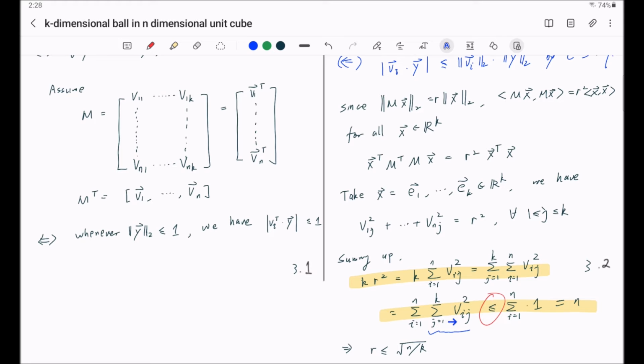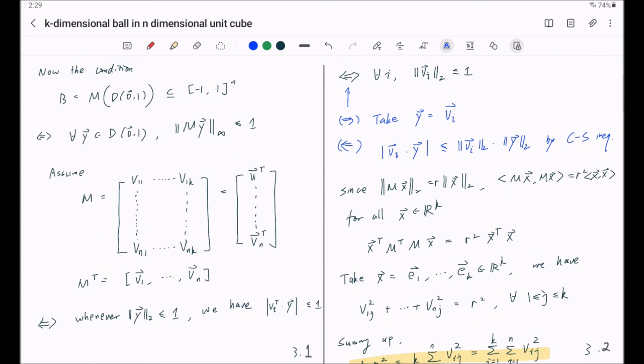Because this inequality comes from the fact that each v sub i has its 2-norm less than or equal to 1, which comes from, remember, each v sub i being a column of the matrix M transpose. So the question becomes, can we find the matrix M such that the columns of its transpose, the vectors v1 through vn, are all of norm 1?